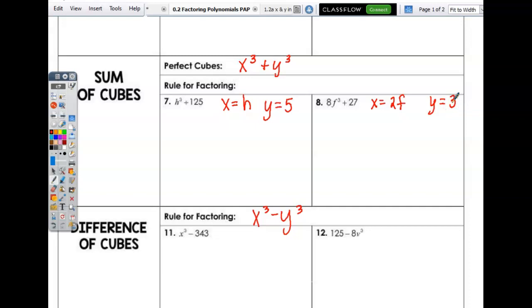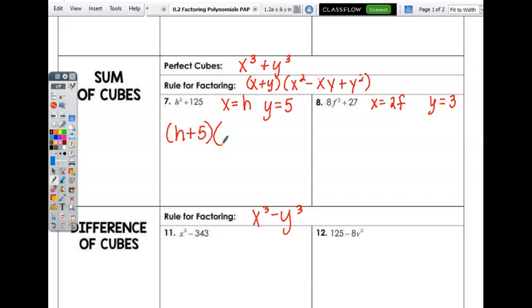So here's the formula. Once we identify the x and y, we are literally just putting it in the formula. So x plus y is going to be h plus 5.